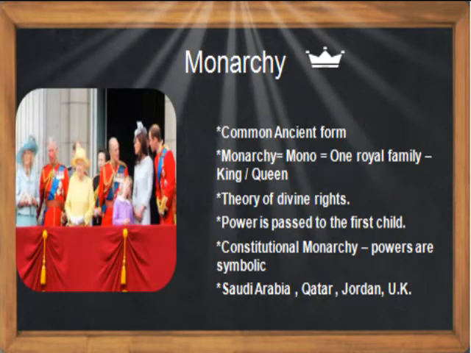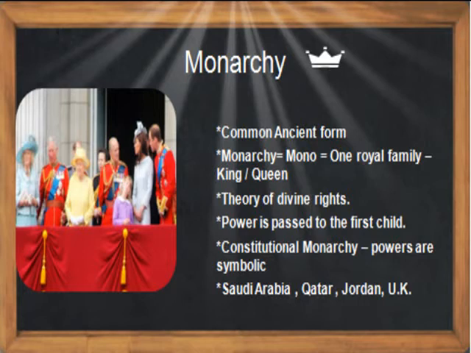So the first and the most common form of government during the ancient time was the monarchical system. The word monarchy came from the root mono, M-O-N-O, which means one royal family, where the king or queen rules over the country.